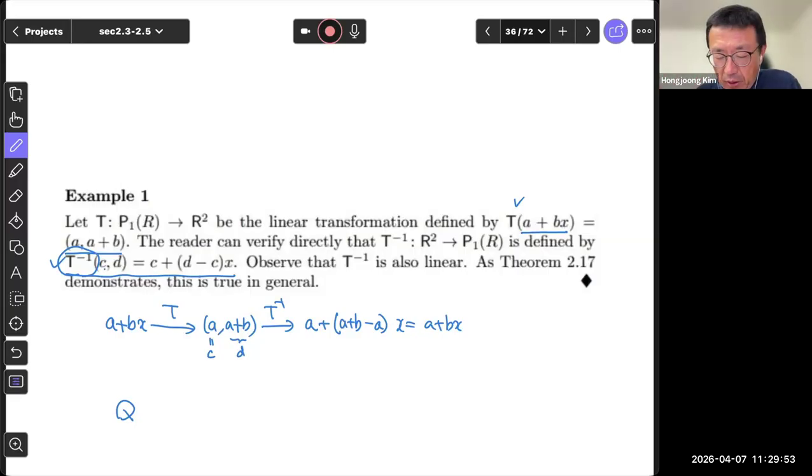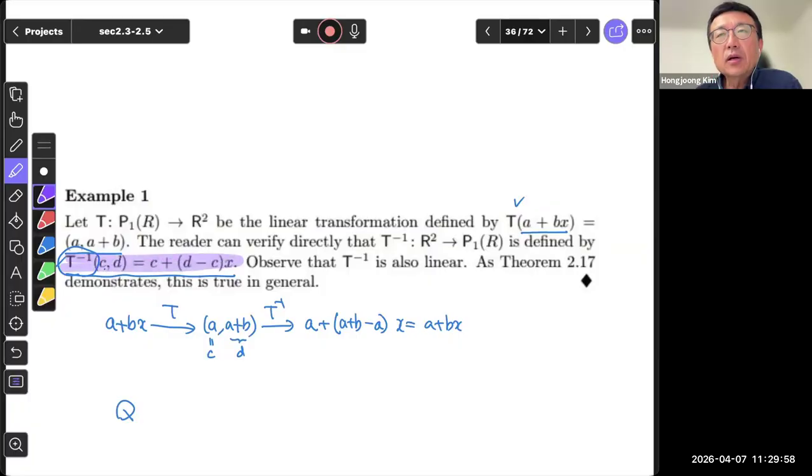If I do not give you this one, how can I derive it from this one? Well, you may consider the definition, and that is one way to get the inverse of T, but there may be some alternative way to get this T inverse, and we will think about it later.